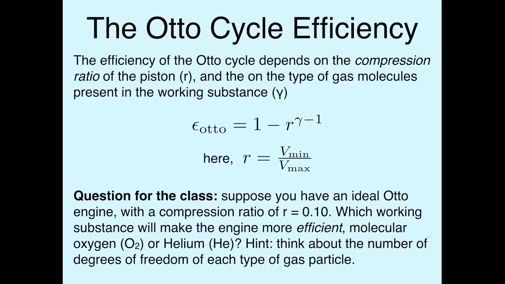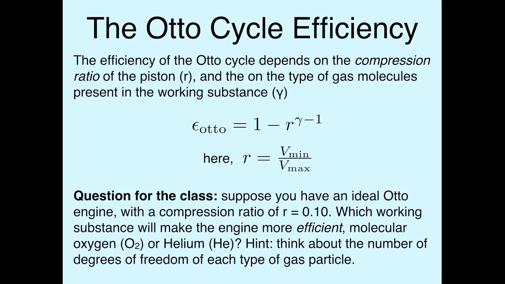Suppose you have an ideal Otto engine with a compression ratio of 0.1. So V min divided by V max in this case will be 0.1. Which working substance will make the engine more efficient? Molecular oxygen, that's O2, or helium, that's a monatomic gas, He.